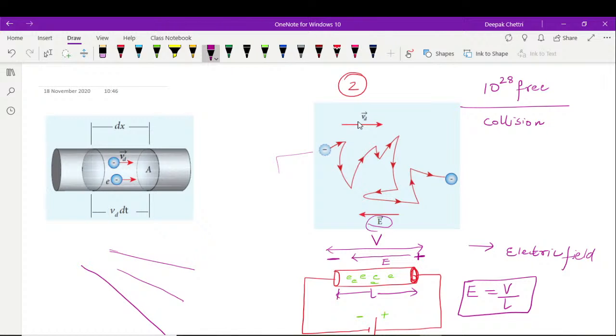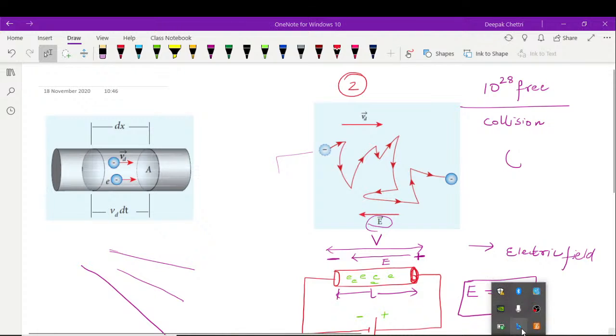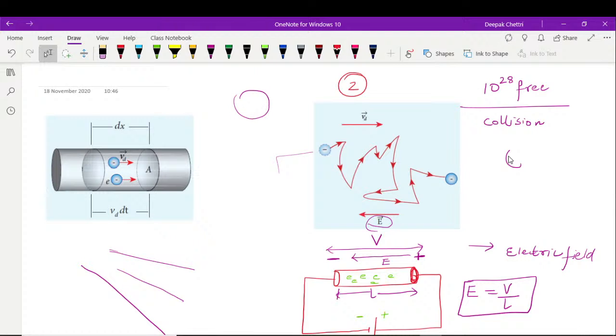So this path is because of collision, and it is not only the free electrons, even the ions are there. What are the ions? I told you when I gave the example of sodium, if I remove the last electron, you get Na plus. So this Na plus is also sitting inside the metal itself, it is not going anywhere. So any electron moving in this space will either collide with other free electrons or collide with the ions.